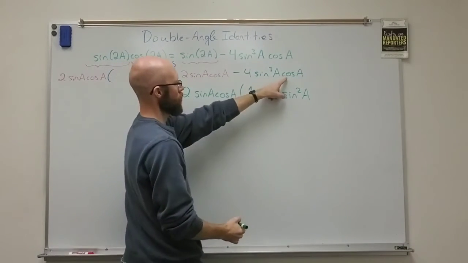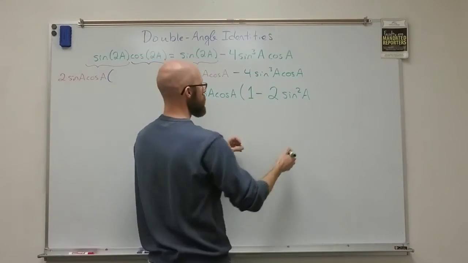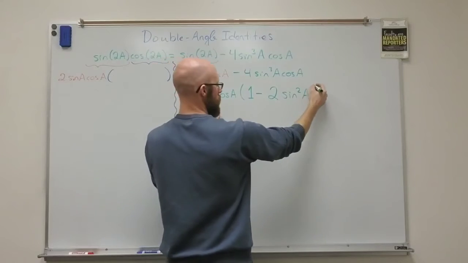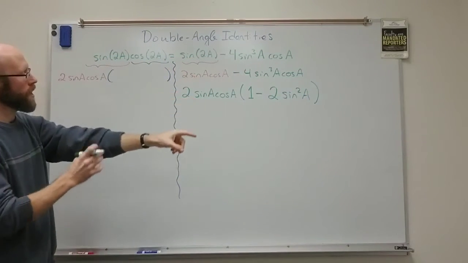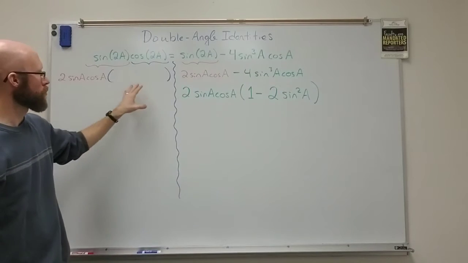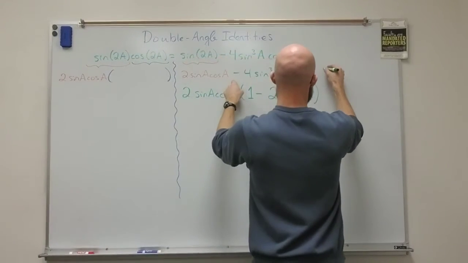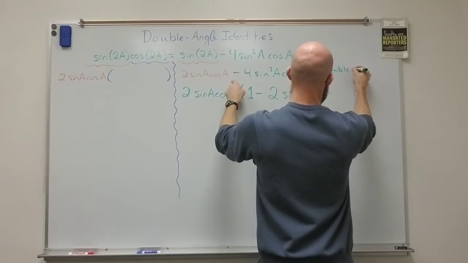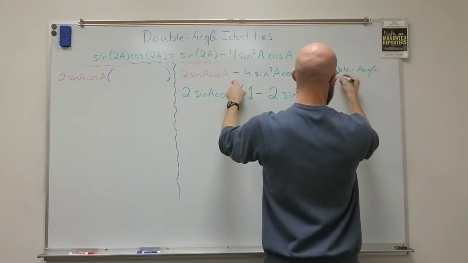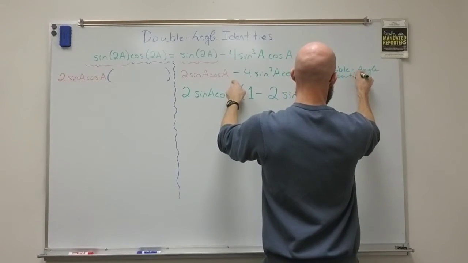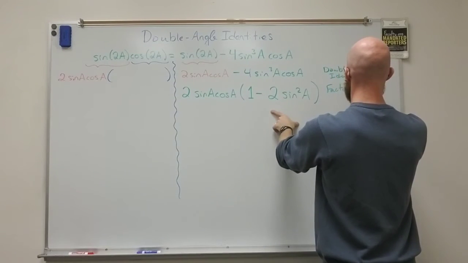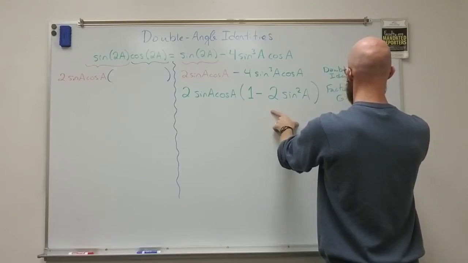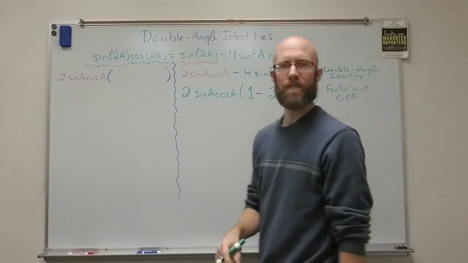And if I pull out a cos a, I don't have anything left, right? The cos is gone. All right. So on that first line, I should probably write out what I did here. This was a double angle identity. And here, this is just factoring. Factor out GCF, greatest common factor.